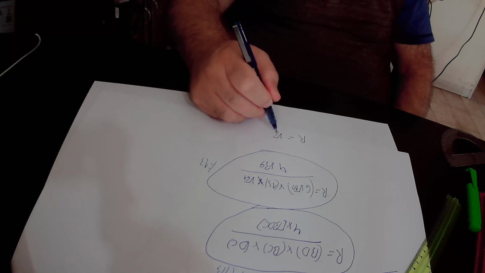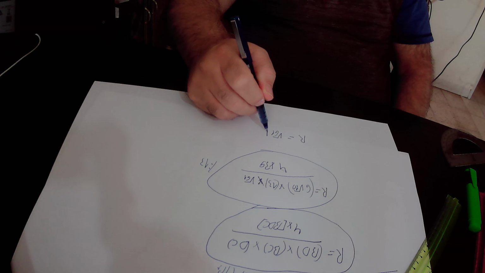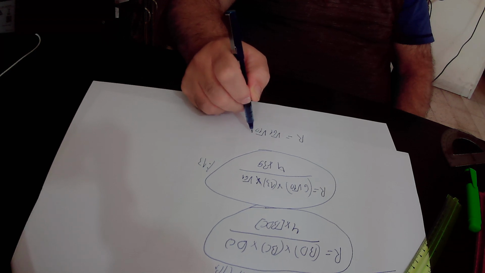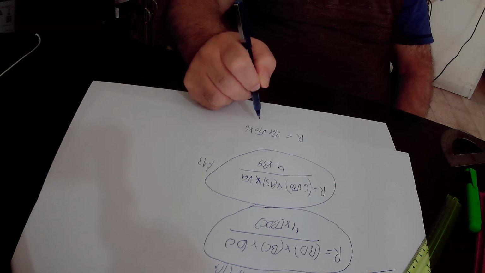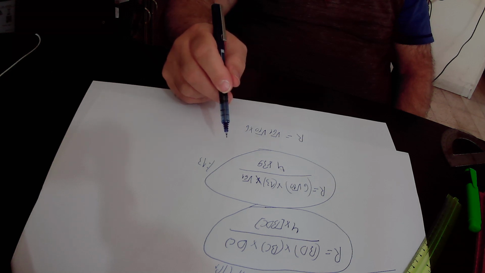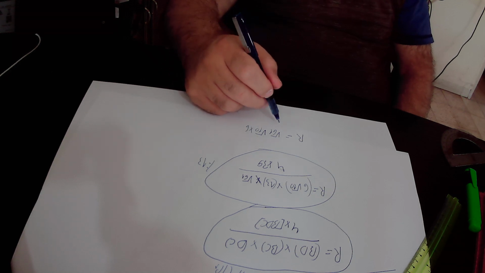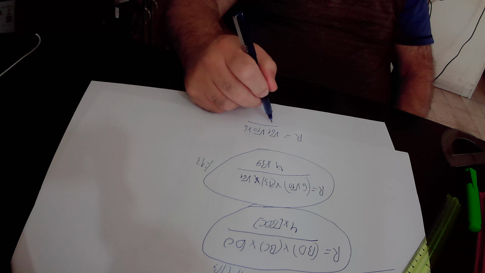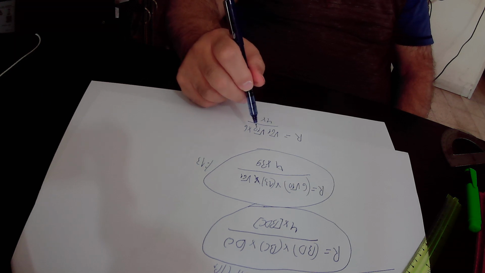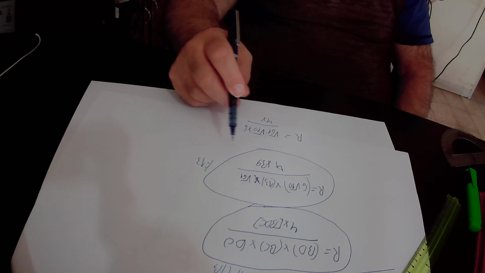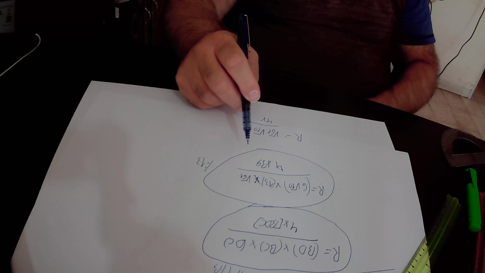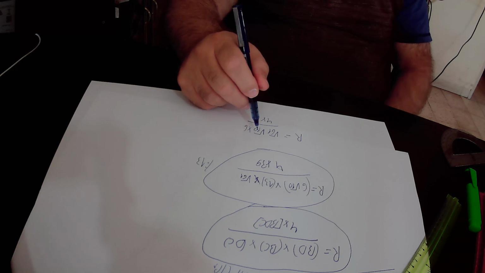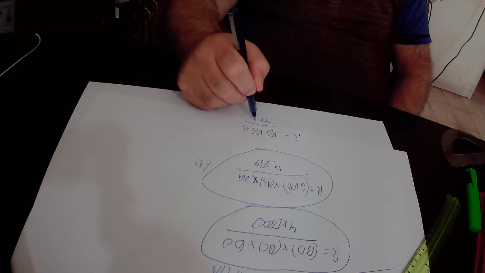square root of 61 times square root of 10 times 6. 13 over 13 is 1, so 13 will get cancelled, over 4 times 39, so we divide the denominator also by 13. 39 over 13 is 3.